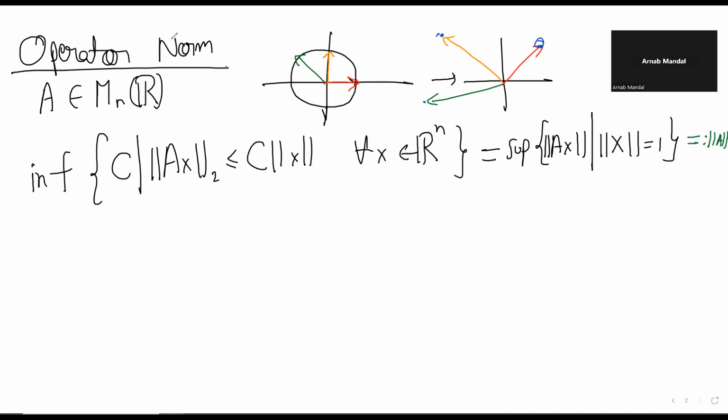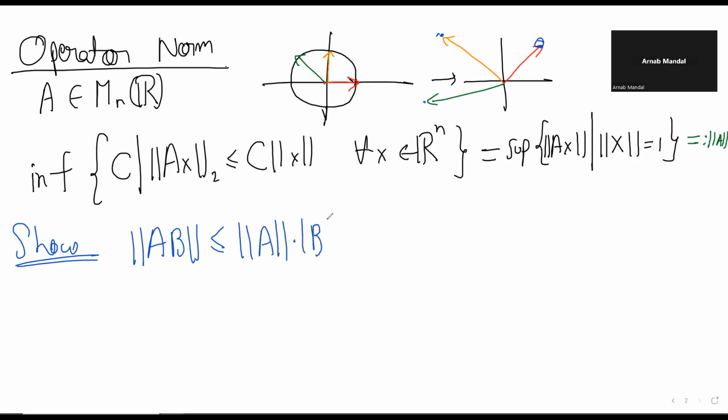The very key fact, which was useful in our problem last time, is a property, and it's very easy actually: to show that this is less than this. This is what we wanted to show, right?